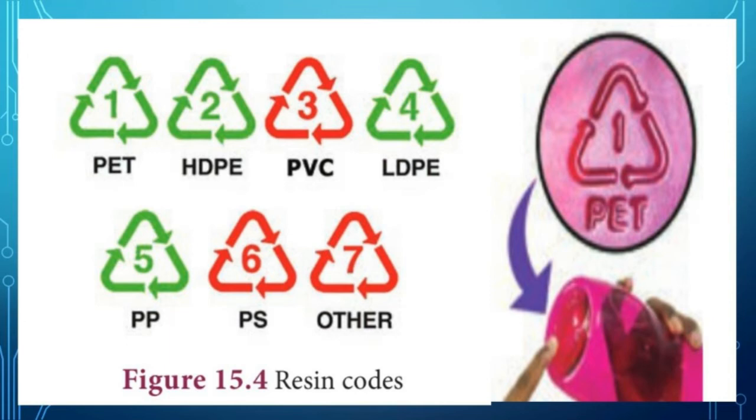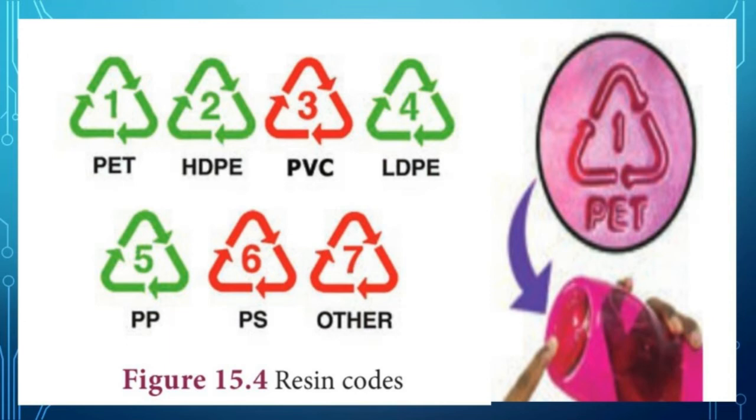Resin codes #1 to #6 each identify a certain type of plastic that is often used in products. Resin code #7 is a category used for every other plastic since 1988 that does not fit into the categories #1 to #6.